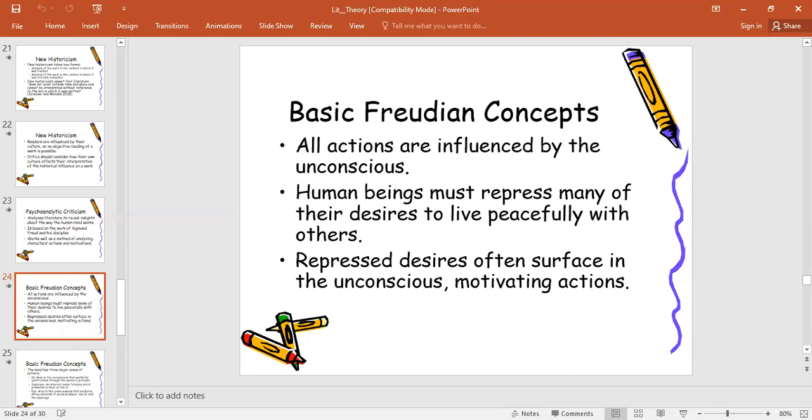Repressed desires often surface in the unconscious, motivating actions. Certainly, there are hundreds and thousands of desires lying in our unconscious. Sometimes we press them hard, immediately reject them, and send them to the unconscious. Time and again they come to the surface, and again we try to suppress them.